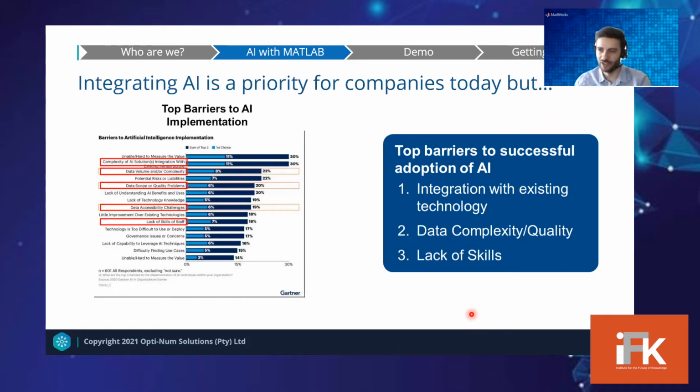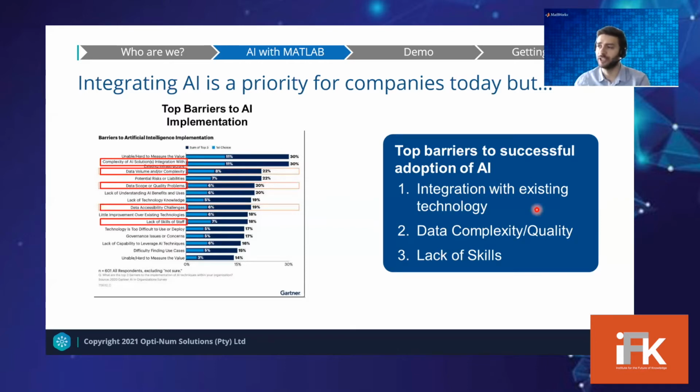There are challenges. I would like to show you this survey by Gartner in 2020, where they reveal some of the reasons, some of the pains which researchers and industry are experiencing about AI integration in their workflow. Here you see the top barriers.